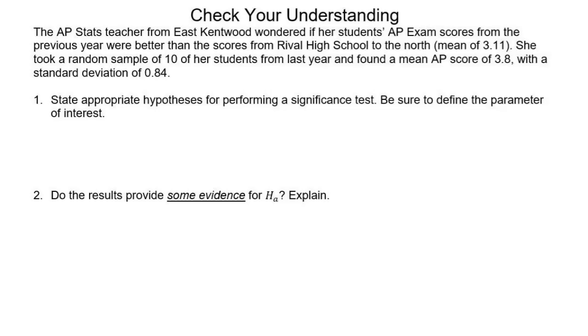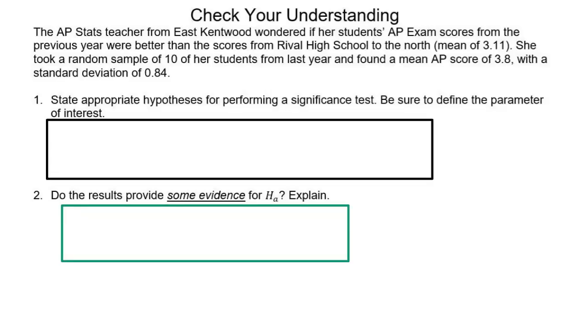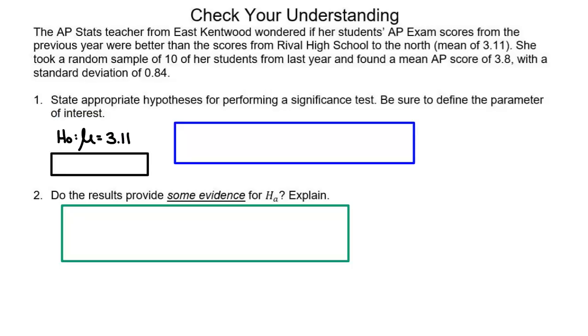What would the Ho be here? Mu equals 3.11. Yes. What's the Ha? Mu is greater than 3.11. And before we can go on to any other questions, you have to tell me what you mean by mu.